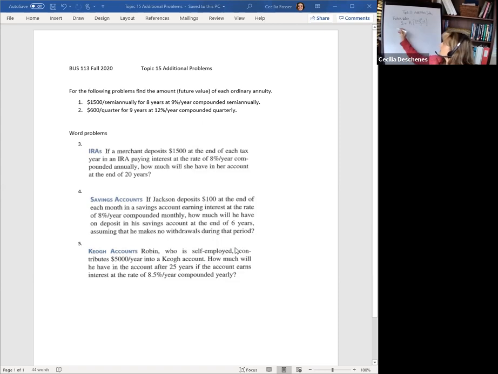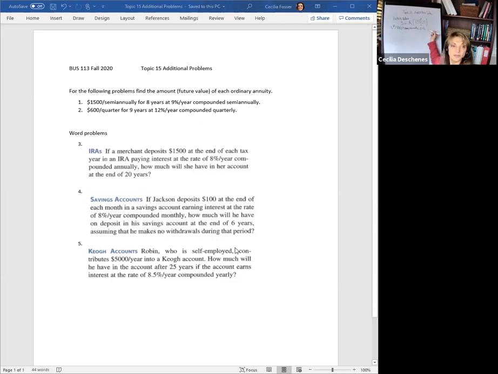All right, so this first one is saying that we have $1,500 being deposited or paid semi-annually, for 8 years. So our time is going to be 8.